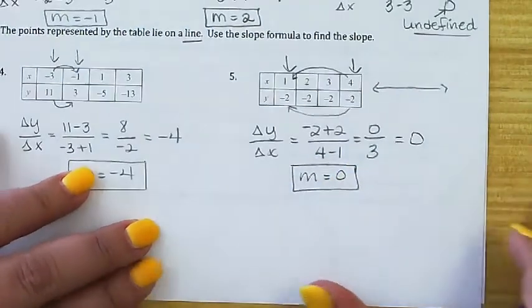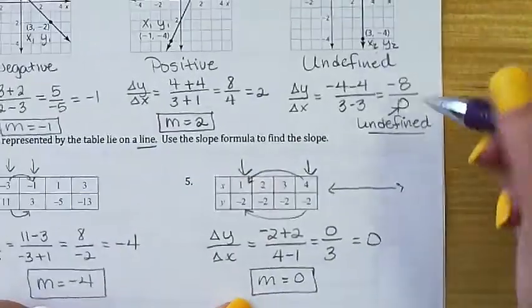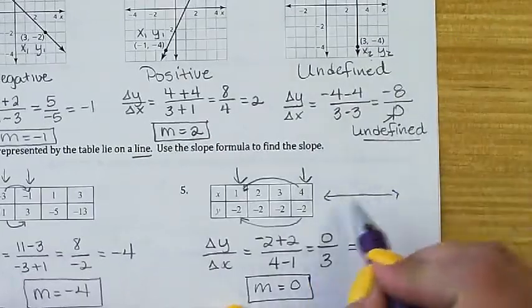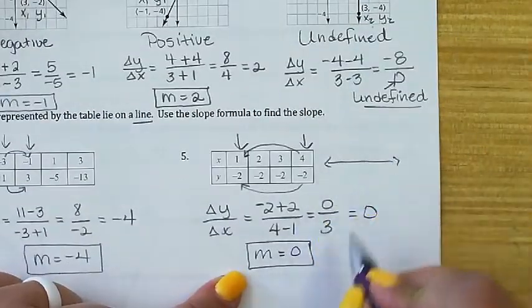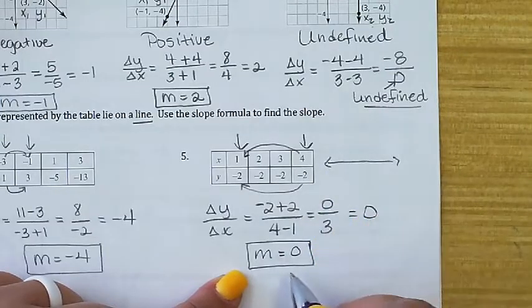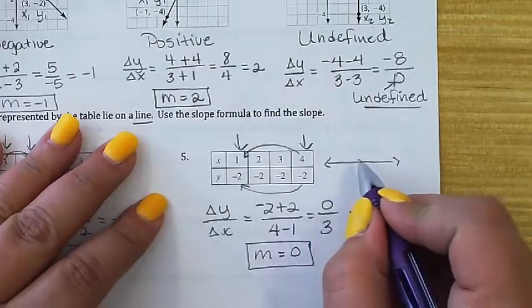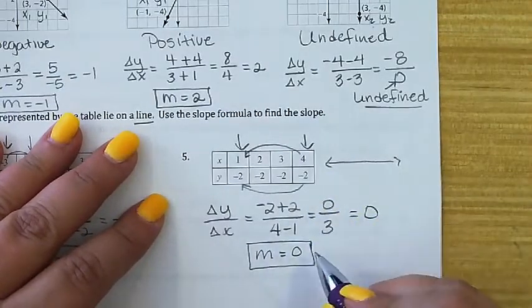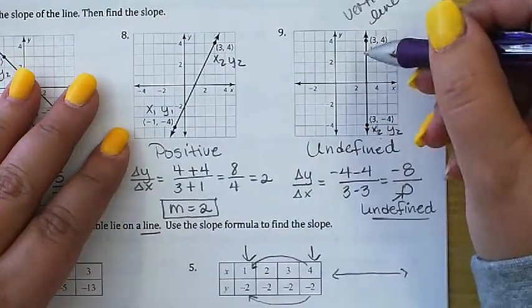So I always think of it this way. One way to remember this is, I've always thought of it, like if I imagine having to travel along that line, if I was trying to climb it or walk across it, right? I always think of a horizontal line. Horizontal line would be easy, 0 effort. It would be a piece of cake for me to walk and travel across that line because it's perfectly flat, 0 effort necessary. This one, undefined, unbelievable.